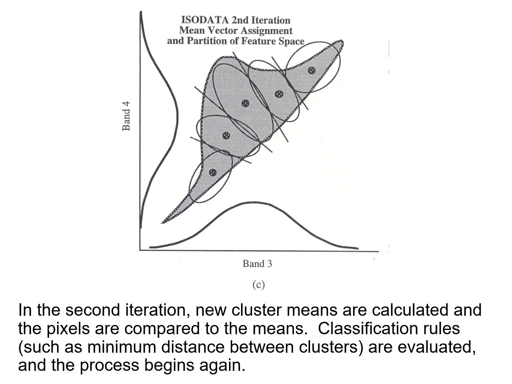So now another cluster mean might be closer, okay? And so the process begins again of reassigning pixels, recalculating cluster means, and then doing a check to see what percentage of pixels have changed class.